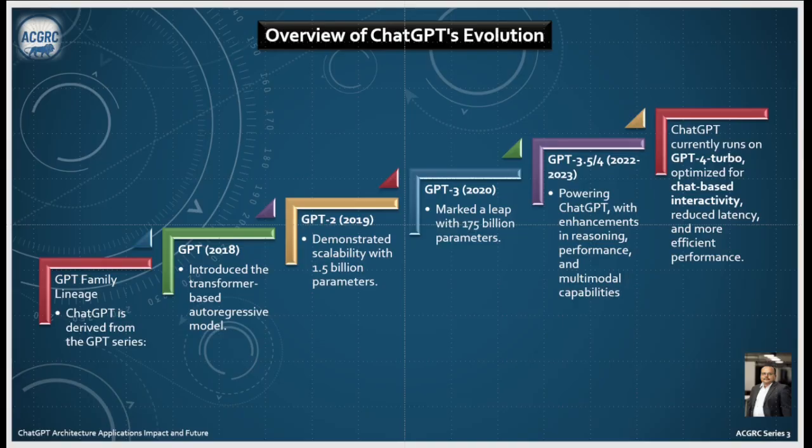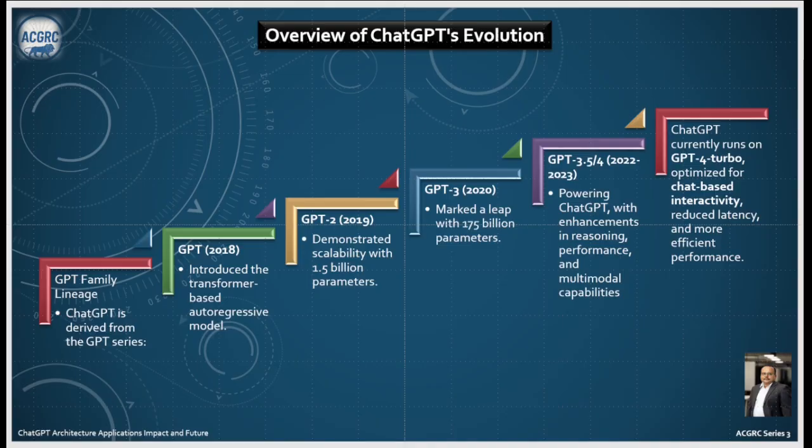Let's look at how ChatGPT evolved. ChatGPT's lineage is from the GPT family series. 2018 introduced the transformer-based autoregressive model. 2019, GPT-2 demonstrated scalability with 1.5 billion parameters. 2020, GPT-3 marked a leap with 175 billion parameters.